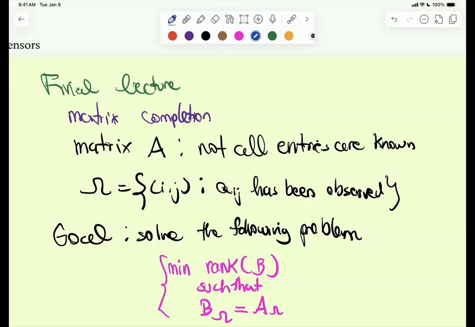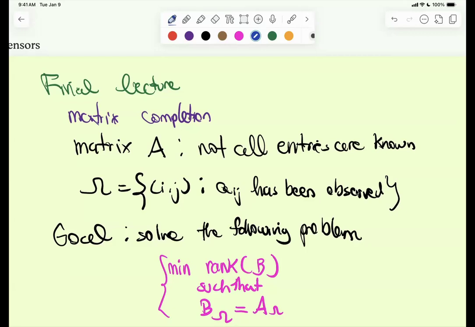Some of the proofs in the original papers are heavy theorems, but just understanding some of the strategy can be useful. So I didn't write everything, but I'll start by telling you a little bit of what's going on.